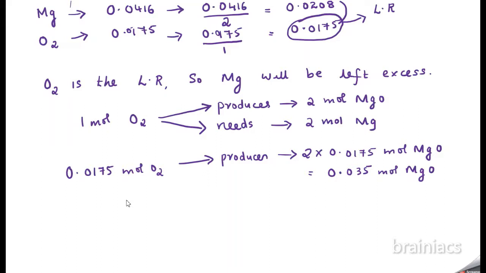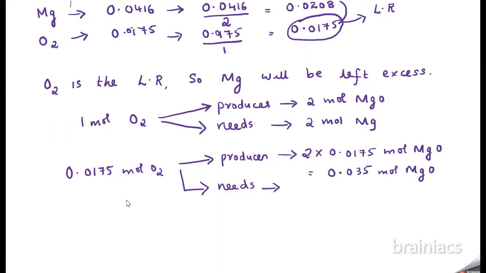So we will calculate how much magnesium is used in the reaction. We know that 0.0175 mole of O2 is used. That means 1 mole O2 needs 2 moles of magnesium. Now tell me, 0.0175 mole O2 needs how much? Multiply by this number on LHS and RHS.